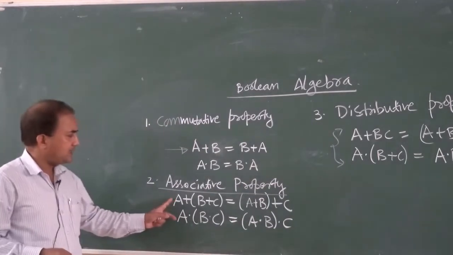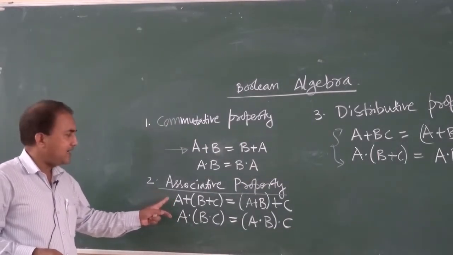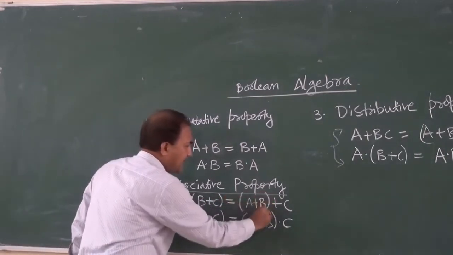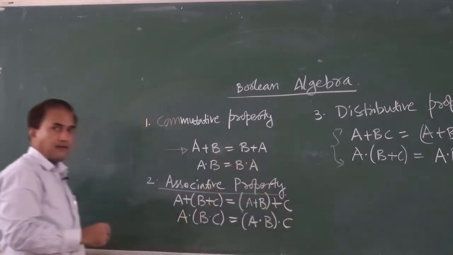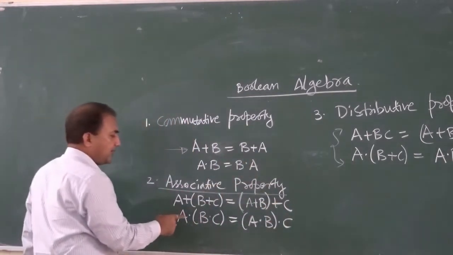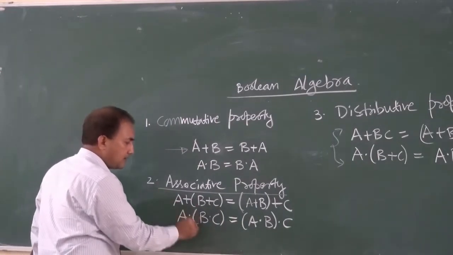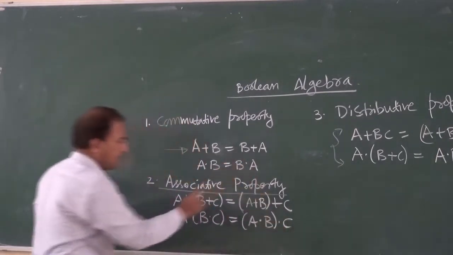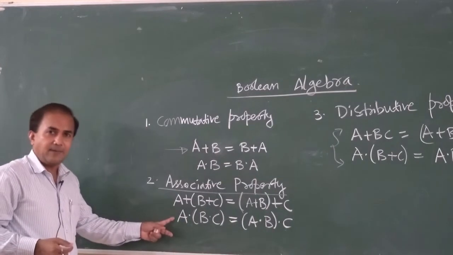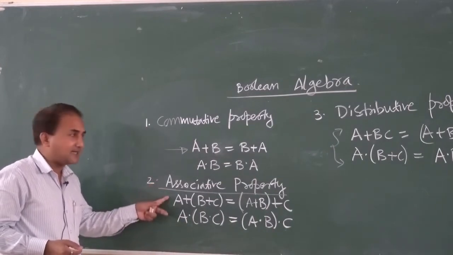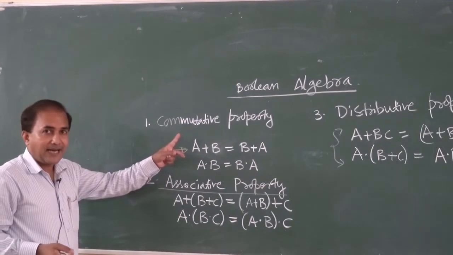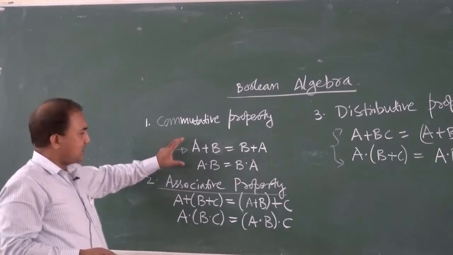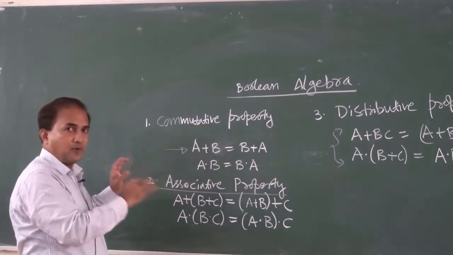For Boolean addition, A plus B plus C is equal to A plus B within brackets, plus C. Similarly, for Boolean multiplication, A dot BC is equal to AB dot C. Since these are very simple, I am not proving them.